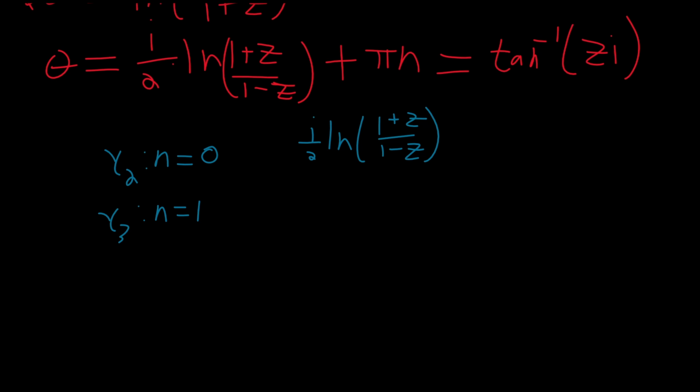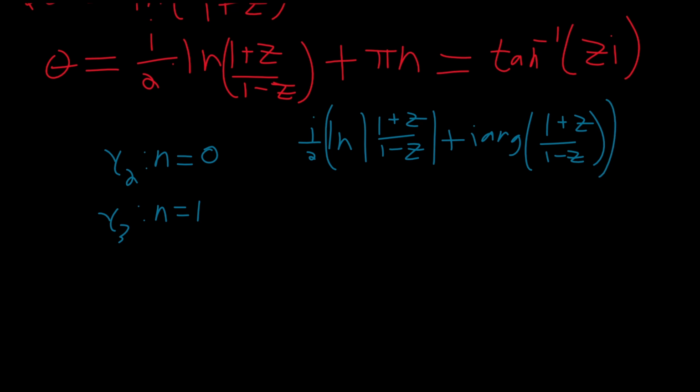So what would be nice is if we could express this natural log not as just a normal natural log, but as the absolute value of this, and we can just add I times the argument of 1 plus z over 1 minus z. So here is just an alternative definition of the complex logarithm, and again, that's just so we can integrate that easier.